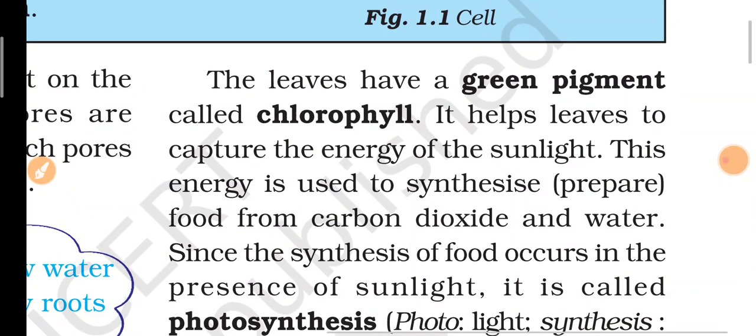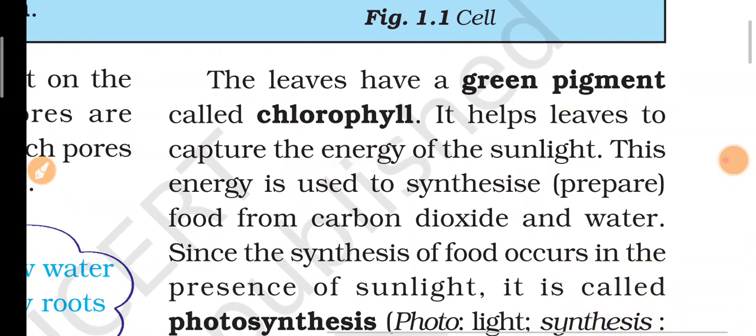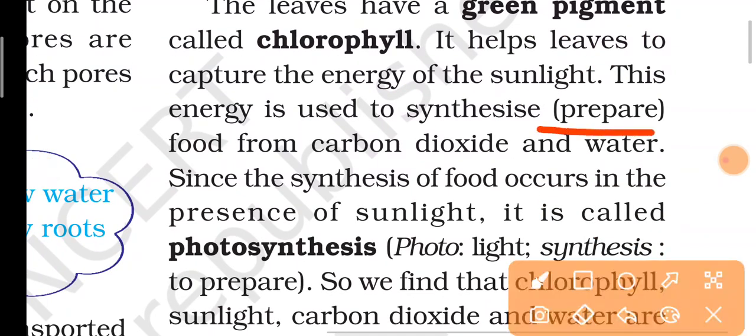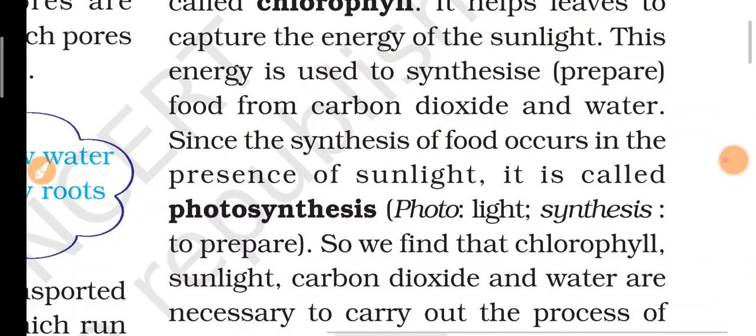This chlorophyll helps the leaves to capture the energy of the sunlight. As sunlight is very essential for photosynthesis, chlorophyll present in leaves helps them to capture the energy from sunlight, and this energy is used to synthesize. Synthesize is nothing but to prepare food from carbon dioxide and water, as I have told you.